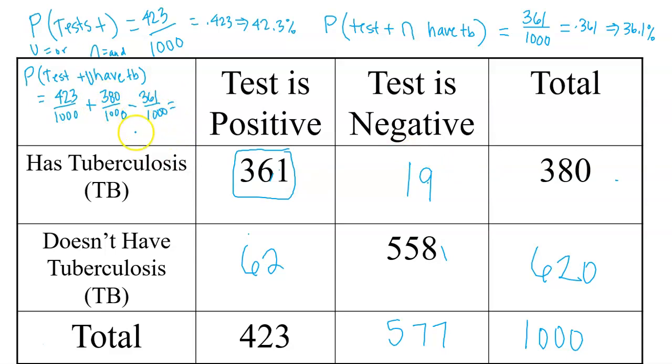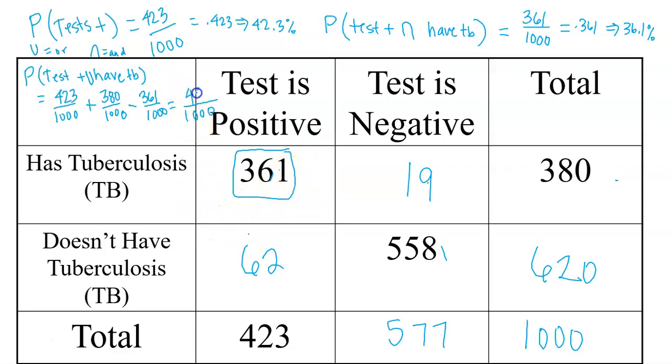So if I add this all up, remember when you're adding and subtracting fractions, that common denominator is just going to stay the same. It's just the numbers across the top that we're going to be adding and subtracting. So it would be 423 plus 380 minus 361, which is equal to 442.